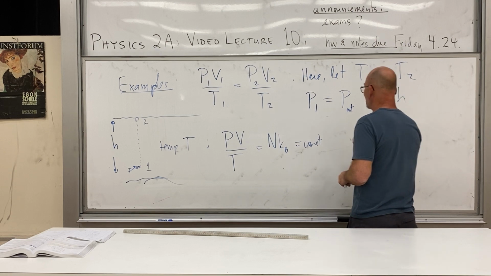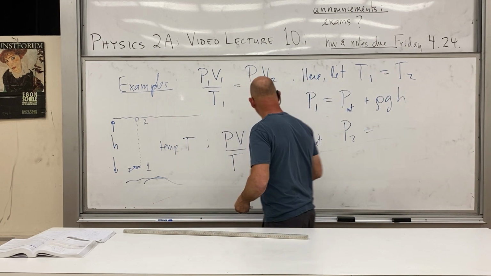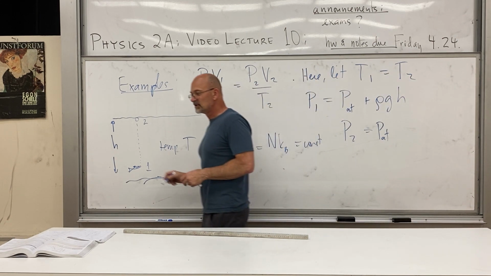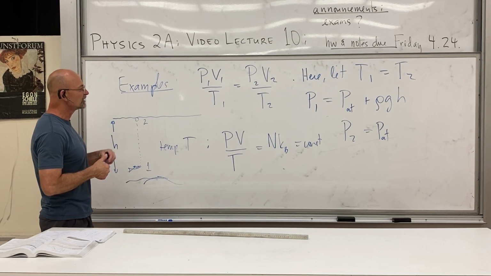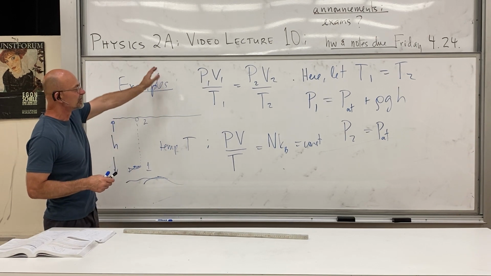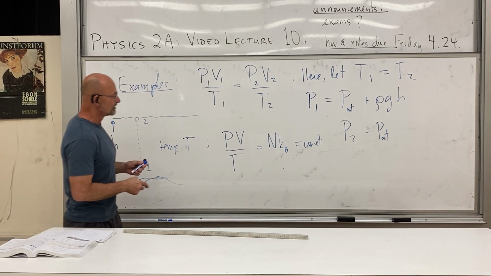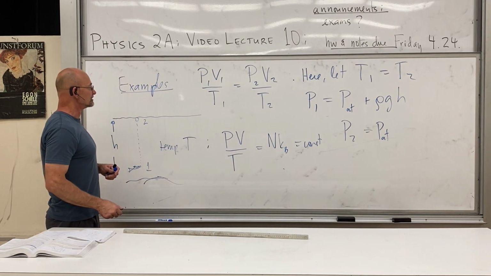And P2, since that's right when it comes up to the surface, is just equal to P atmosphere. Those are the ingredients. You should be able to do this no problem, and that's the type of problem I'd like to be able to put on an exam. There's a few others of this type. They keep us from having to deal with these numbers right here, and are very useful.